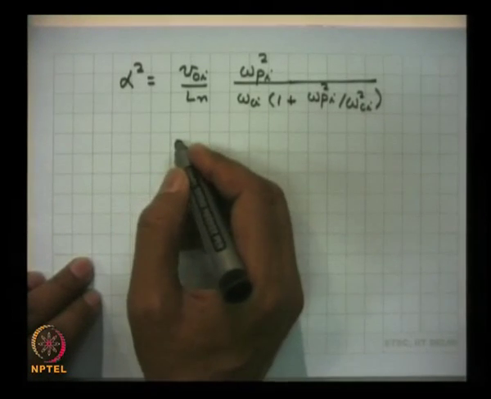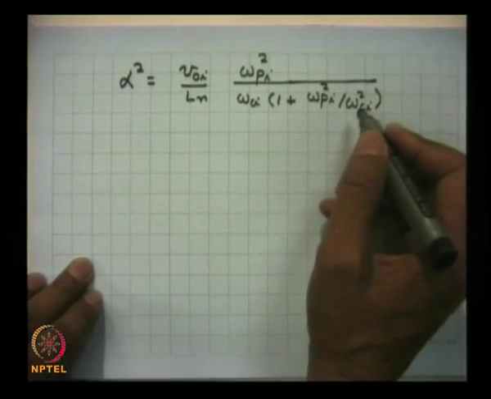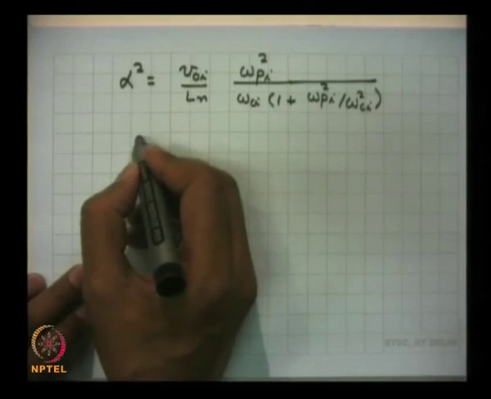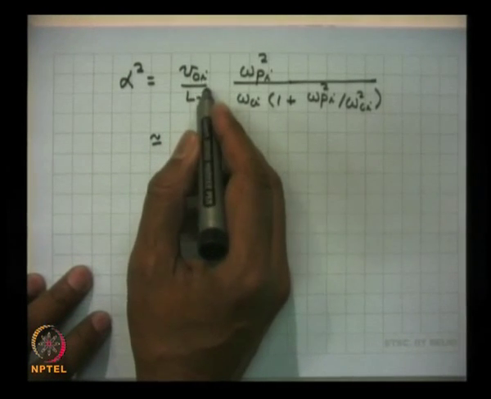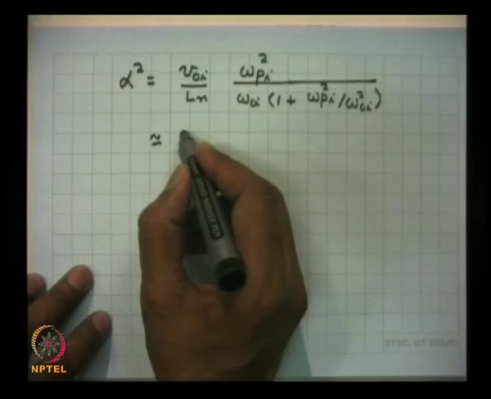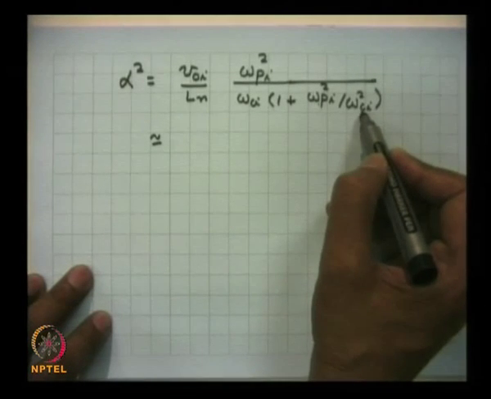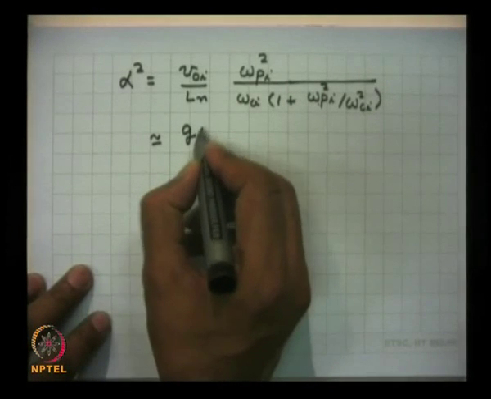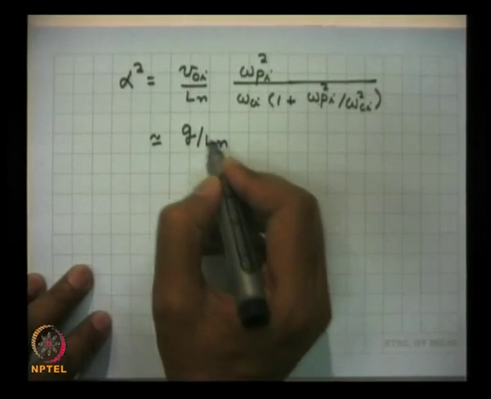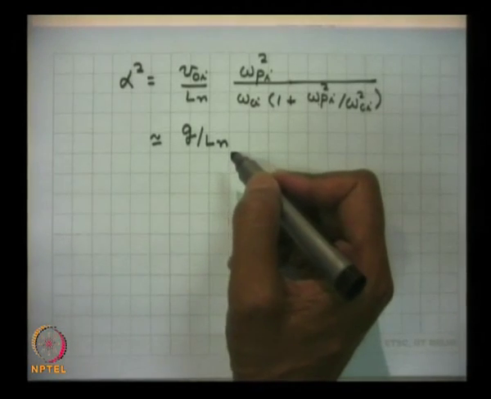And there is no under root, I do not think there is any under root. And this turns out to be, if I put the value of V0I as g upon omega ci, and in most plasmas omega pi is much bigger than omega ci, so one can be ignored, and then this turns out to be simply g upon Ln. G is the acceleration due to gravity and Ln is the density scale length.